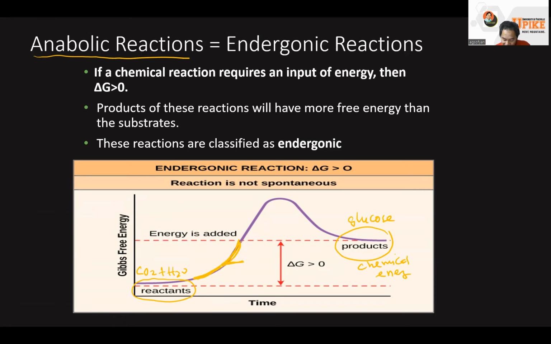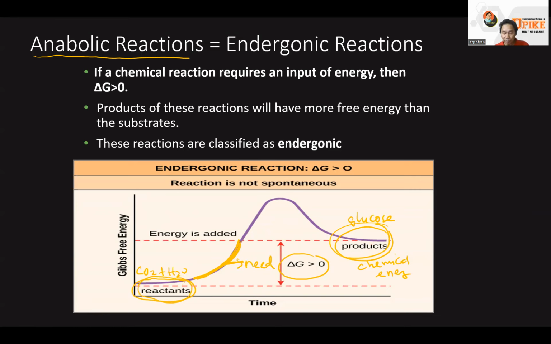So this is telling you there is energy that has to be added, required, in order to make these anabolisms go. So the delta G for this anabolic reaction will always be higher than 0. It means that we need energy in order to make a bigger molecule that carries extra energy from the smaller molecules that have lower energy.